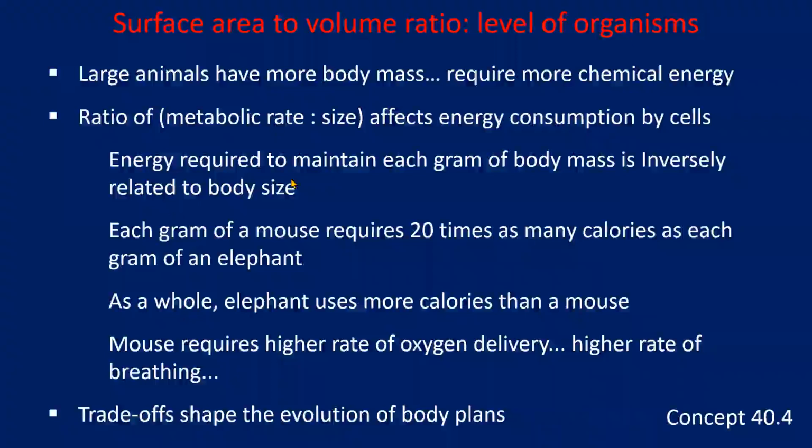So the energy required to maintain each gram of body mass is inversely related to the body size, and you can think that each gram of mouse requires about 20 times as much as a gram of elephant. It's just some kind of comparison you want to know, but the idea over here is the same.